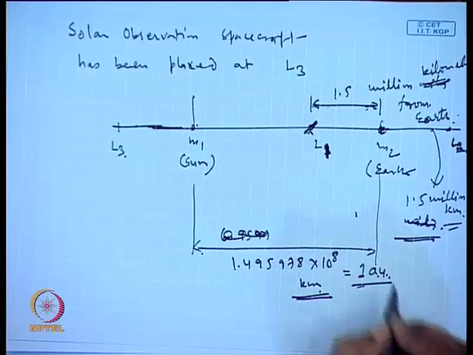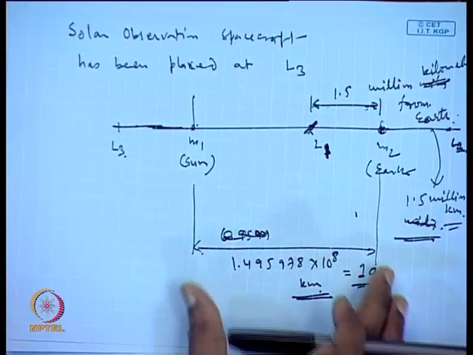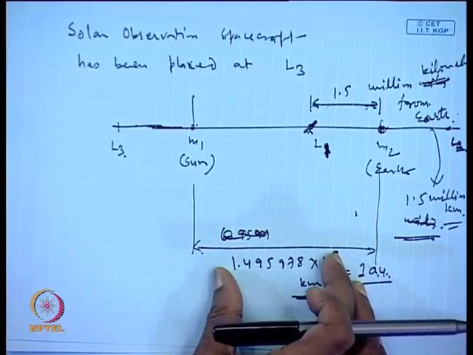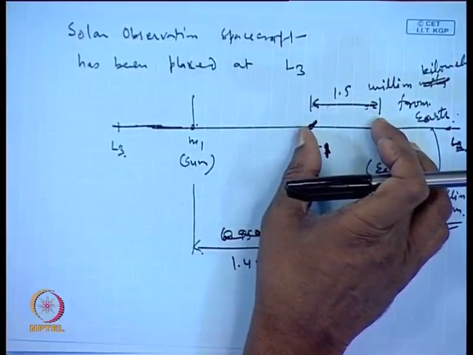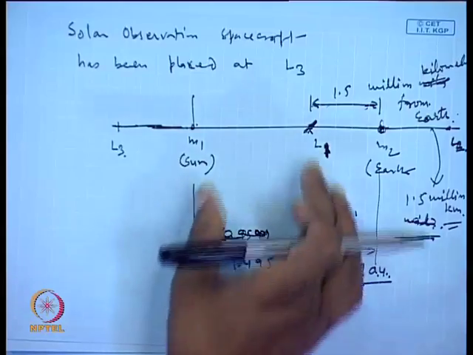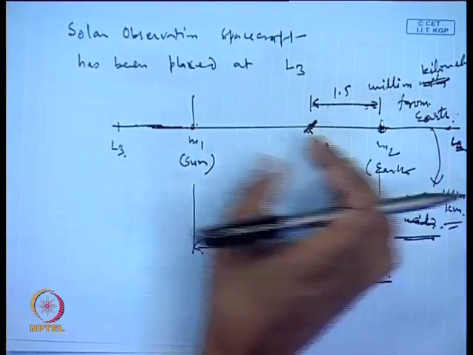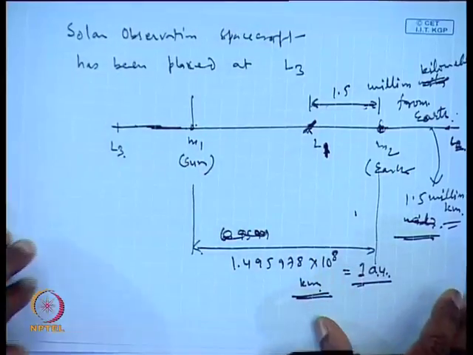Okay, the distance between Earth and the Sun is taken as 1 astronomical unit. So, if you take this distance and you know this is 1.5 million kilometers, you can see how large this distance is. So, it is almost near the Earth, while this point is far more away.